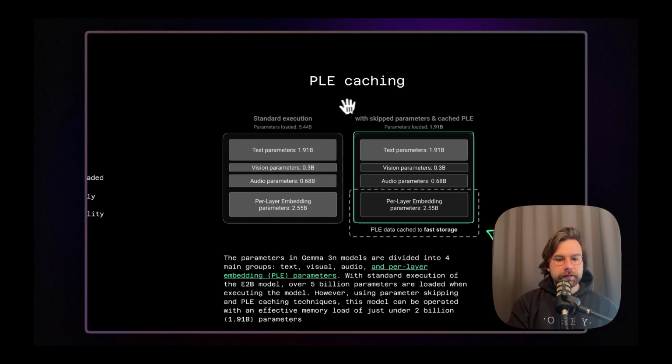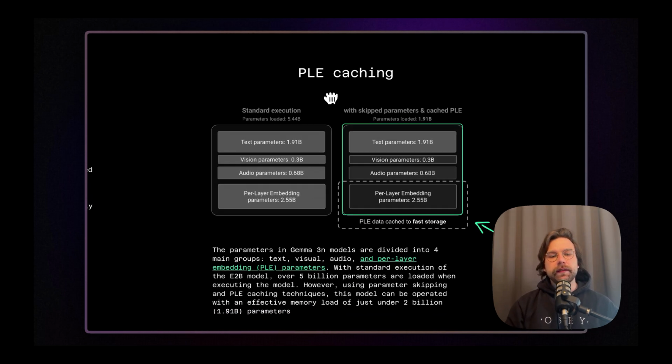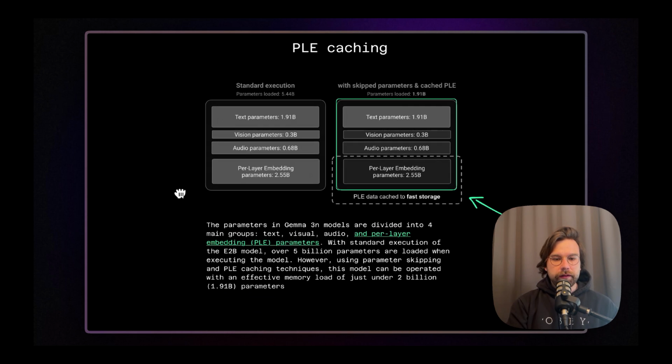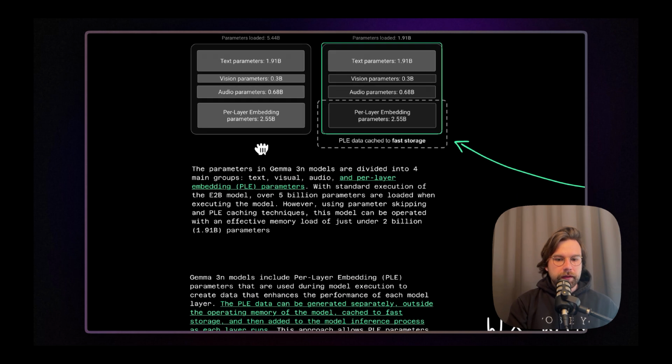The second thing that they mention is called PLE caching. This means that embeddings per layer can be cached and they don't need to be in the memory at all. So here is what they say. With standard execution, over 5 billion parameters are loaded when executing the model.